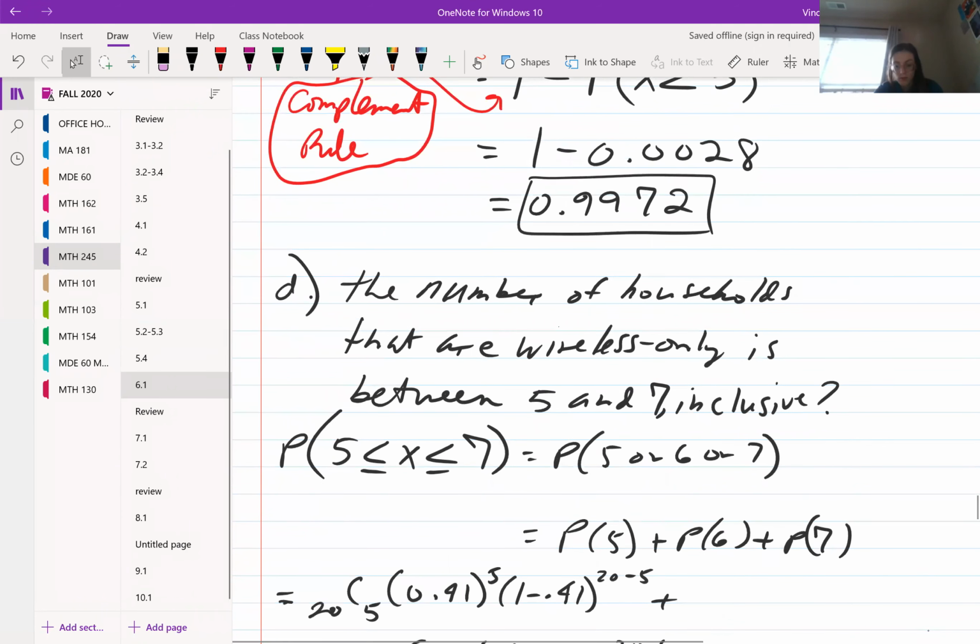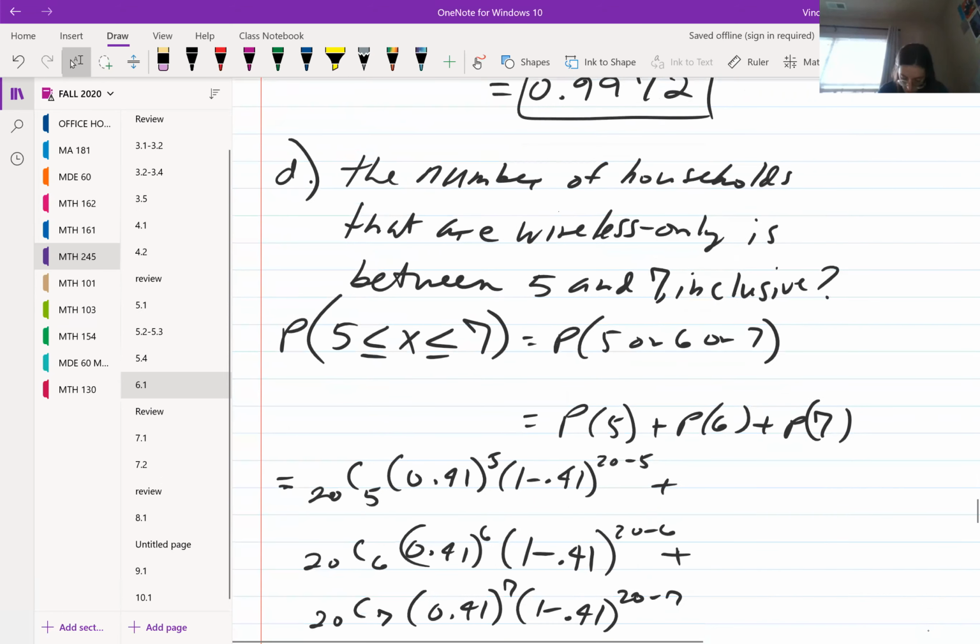So this one is similar to when we had 0, 1, and 2. We just need to find the probabilities of 5, 6, and 7 individually, plug them into the formula, and then calculate them.